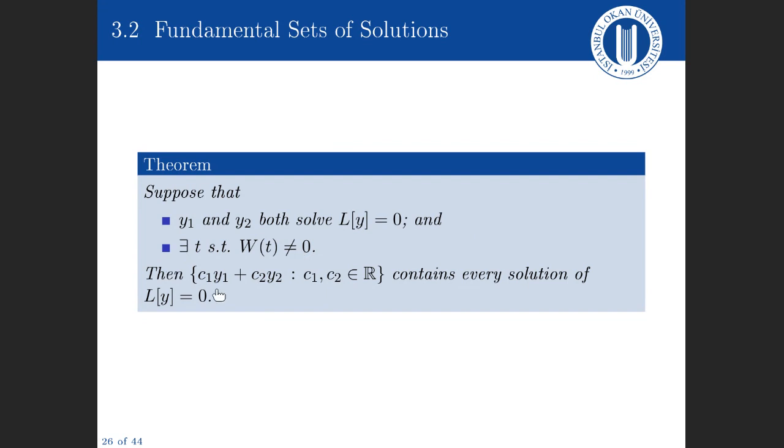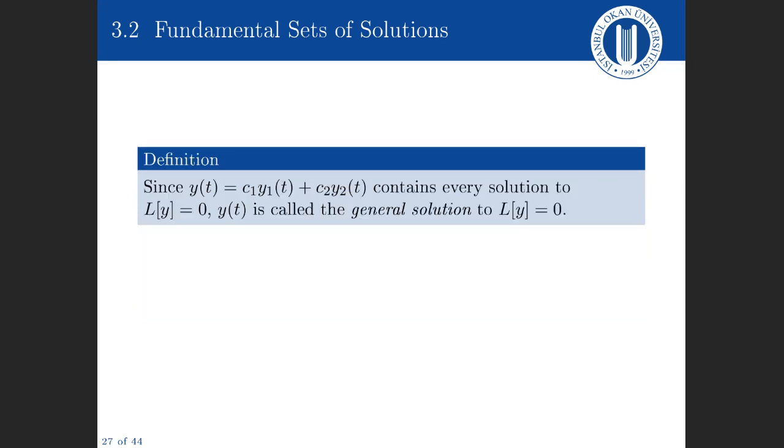Then the set containing c1y1 plus c2y2 contains every solution of our differential equation. Now, because this contains every solution of our differential equation, this is called the general solution to this differential equation.